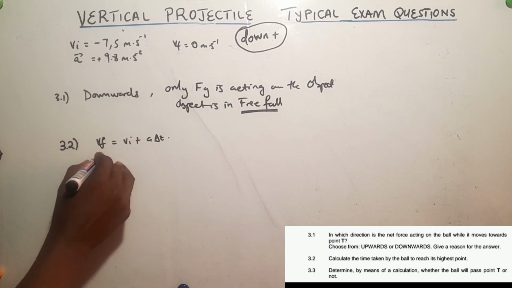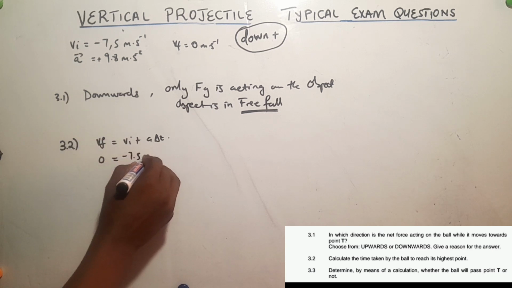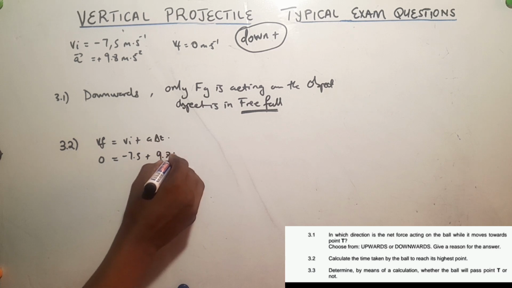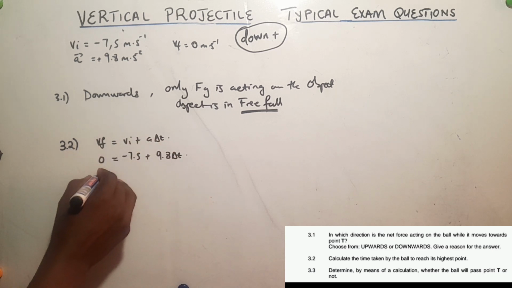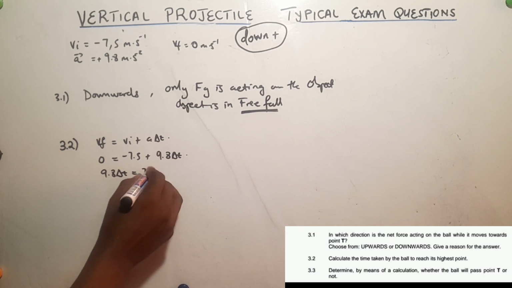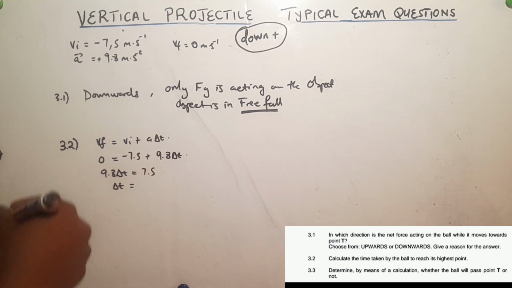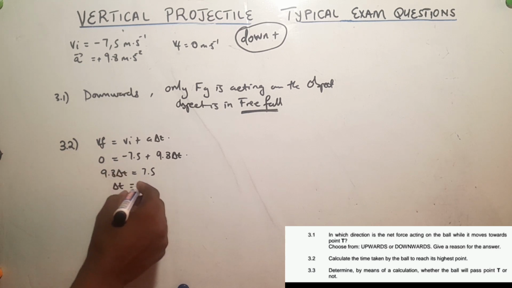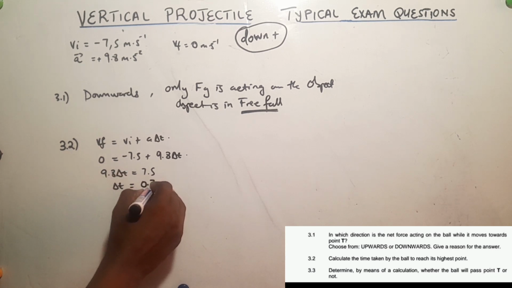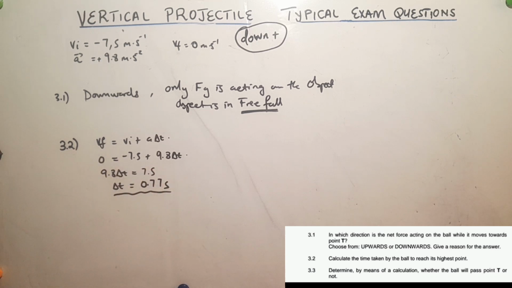So our final velocity being 0, our initial velocity being negative 7.5 plus 9.8 change in time. So it means that our 9.8 change in time becomes 7.5, and our change in time becomes this divided by 9.8, which becomes 0.77 seconds. So this is the time it took to reach the maximum height, right?